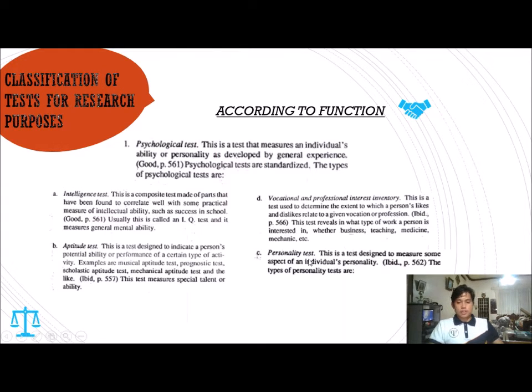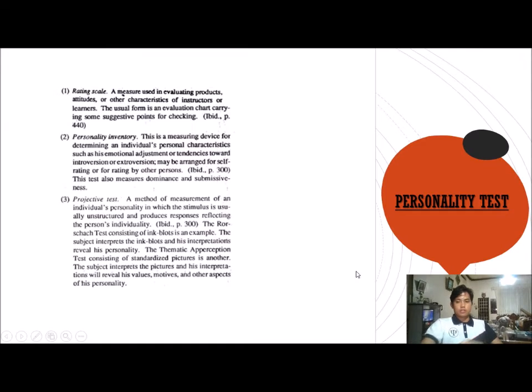Next is the personality test. A personality test is designed to measure some aspect of an individual's personality. The personality test has three types: rating scale, personality inventory, and projective test.